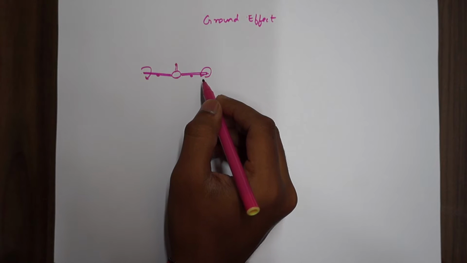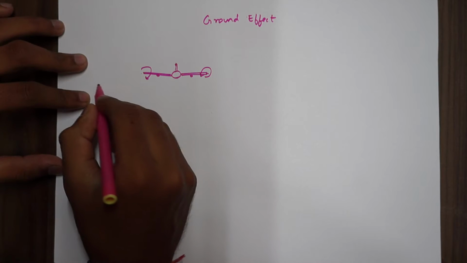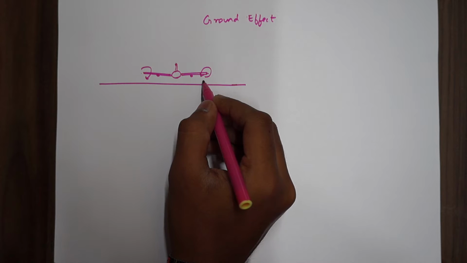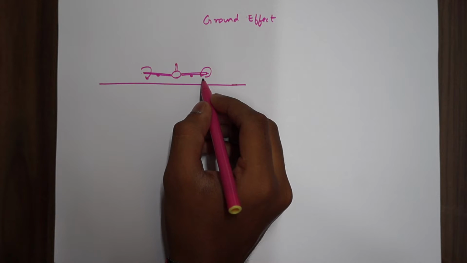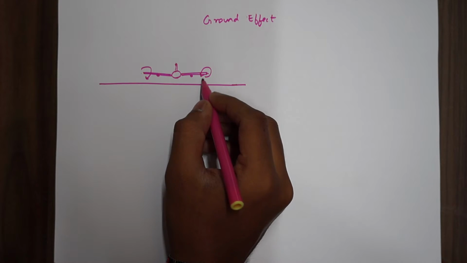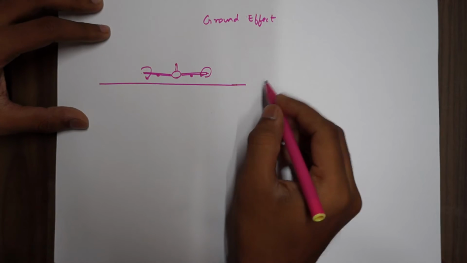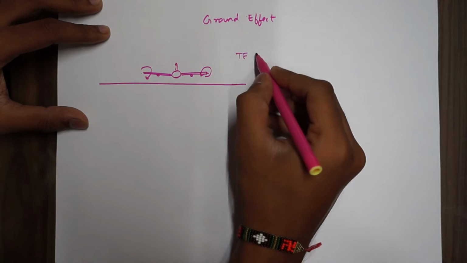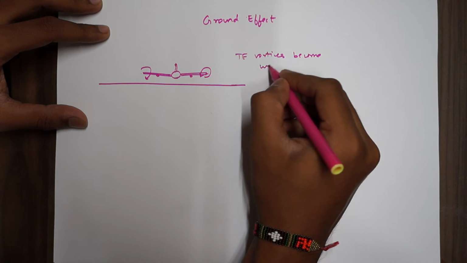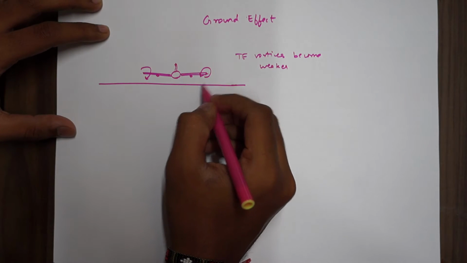Now, when landing and takeoff, the closeness of the wing to the ground, like this is the ground, avoids the full development of the trailing edge vortices, and this makes the trailing edge vortices weaker. Since it is too close to the ground, it does not complete the whole thing.